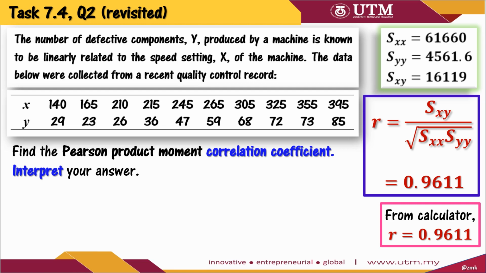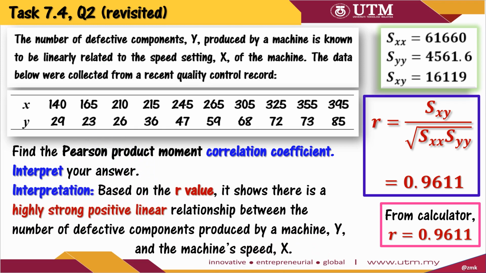So, for this question, since R is 0.9611, which is close to 1 in positive direction, then you can interpret that there is a very strong or highly strong positive linear relationship between the number of defective components produced by a machine denoted by Y and the machine speed denoted by X. This interpretation does in fact tally with the conclusion on the existence of linearity between the two variables when you tested beta in the previous part 2 video.